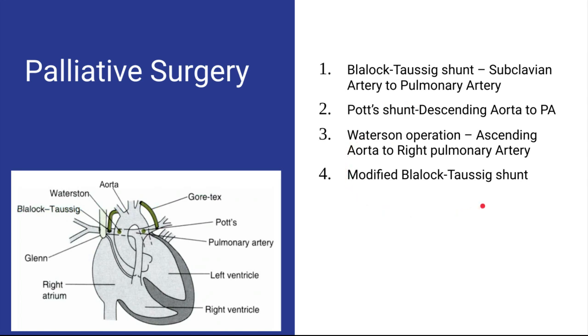Last is modified Blalock-Taussig shunt. So modified Blalock-Taussig shunt is used in infants of age between 3 months to 6 months, and after 6 months Blalock-Taussig shunt is preferred. So in modified Blalock-Taussig shunt, a Gore-Tex interposition is used to connect subclavian artery to ipsilateral pulmonary artery.